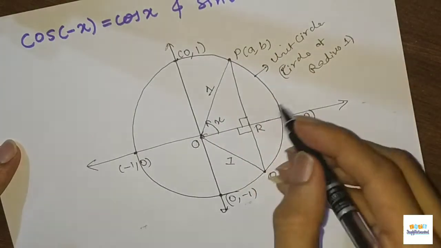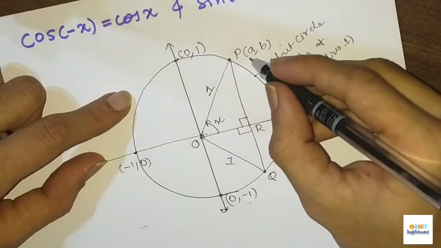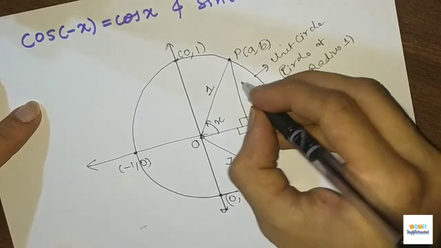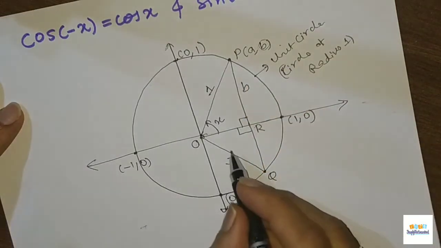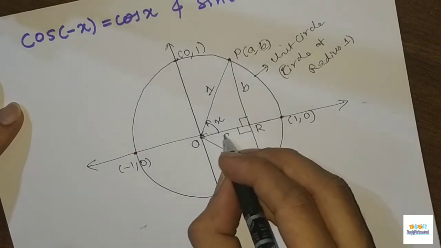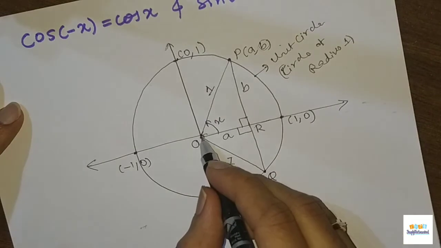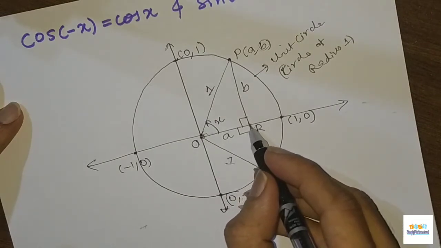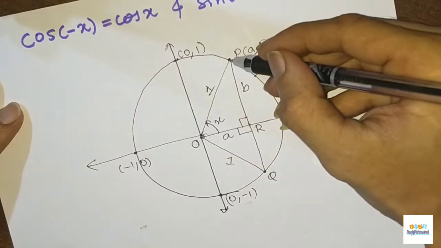Now if you look at this, this will be nothing but B. This point is P, A comma B, so this is the y coordinate, so this side PR will be B, and this side OR will be A. Like that only we plot the points. P, A comma B means a distance A from this point R, and distance B from the y-axis.